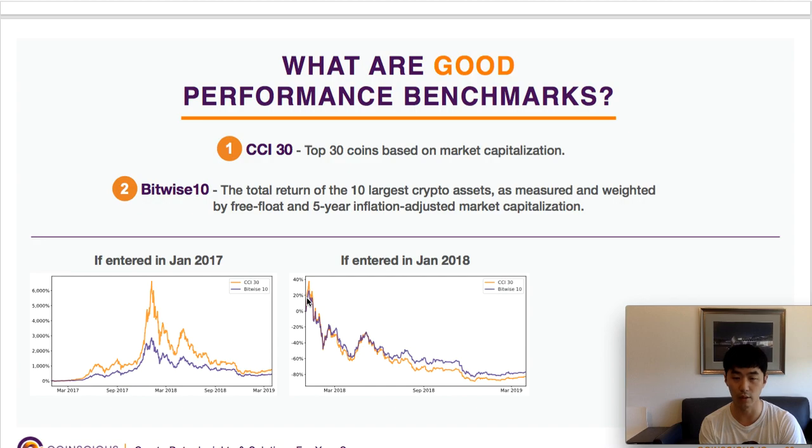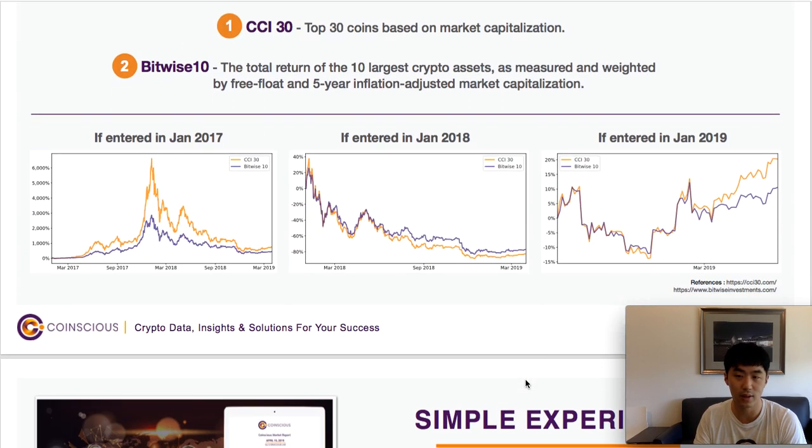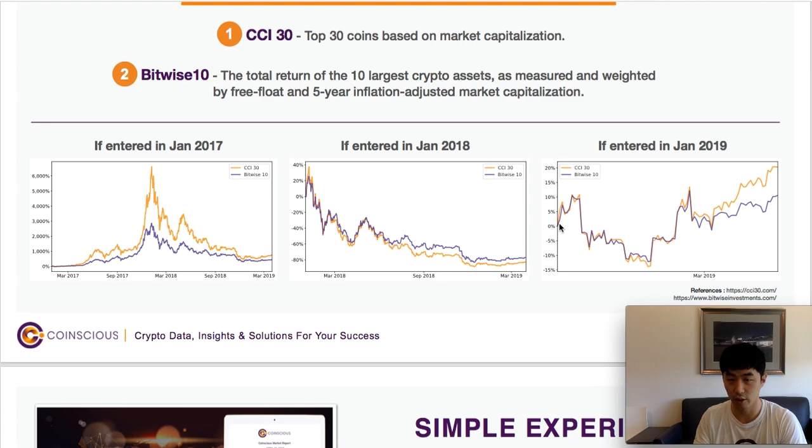I know that most people entered on January 18th, 2018 or December 2017. Then you see that you have about 70% to 80% loss. So what if you entered in January 2019 this year? Then your return would be somewhere along 10 to 20% according to these indexes as benchmarks.